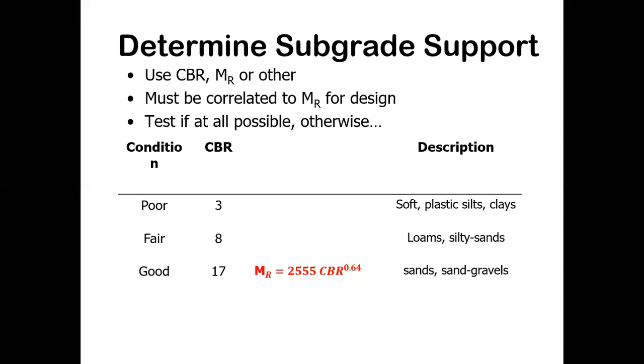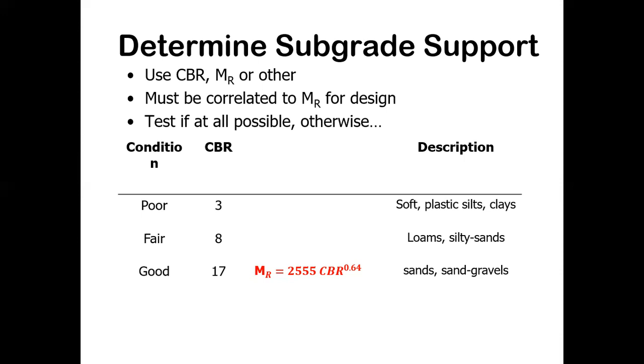So if you have a CBR value, you can correlate it to find the resilient modulus using the AASHTO 2002 equation: MR is 2555 CBR raised to the power 0.64.